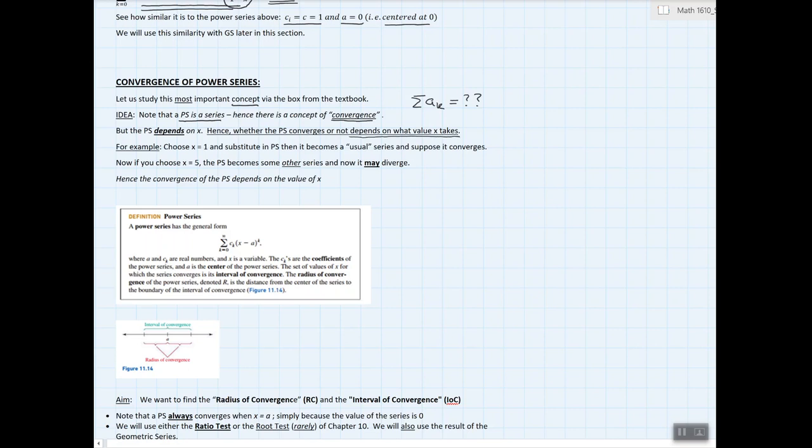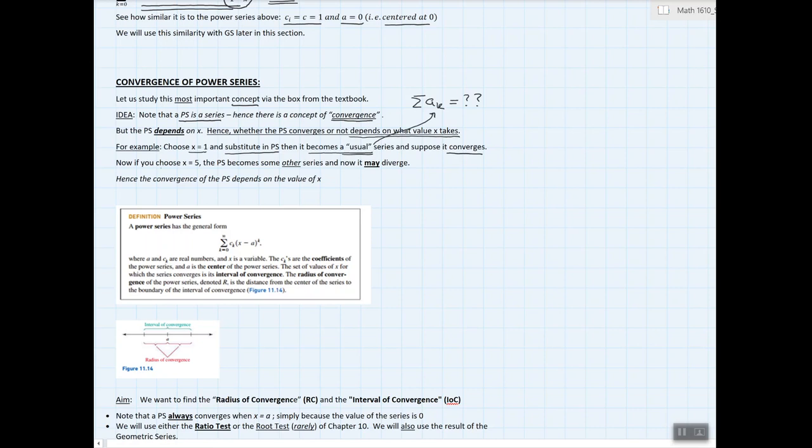To explain this even further, let's take an example. Suppose you choose x equals 1, and you substitute it in the power series that you have. Then it is going to become a usual series, meaning a series which has nothing but constants in it. And suppose it converges.